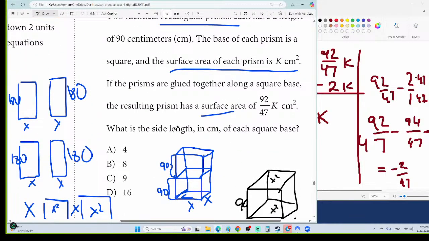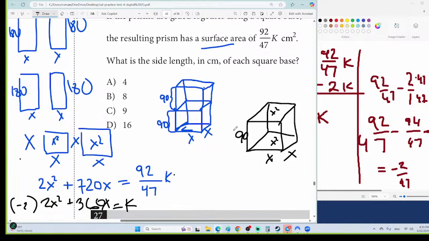Guys, no. Hold on. It went from here to here. What's different between them?